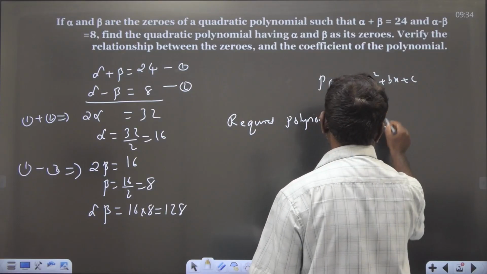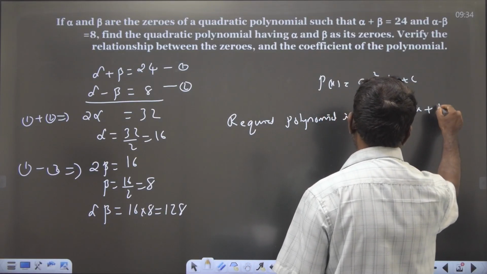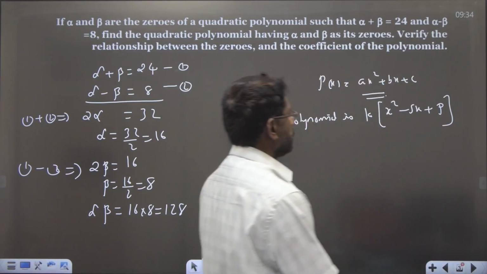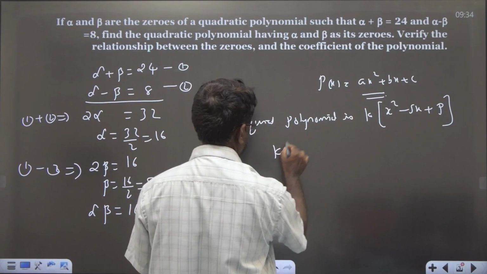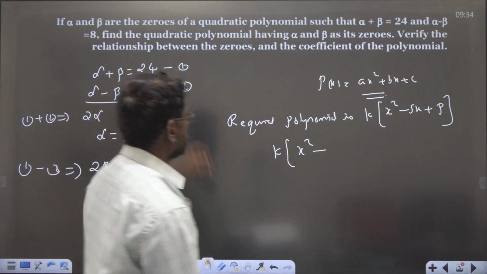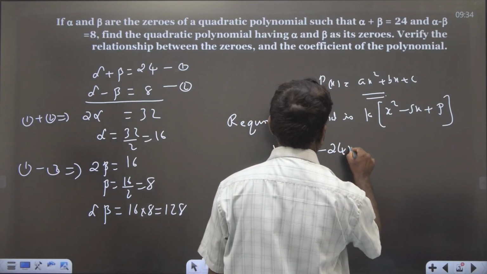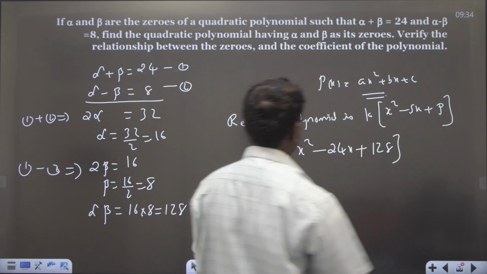k into x square minus sx plus p. S stands for sum, p stands for product. That is k into x square minus, sum is 24, 24x plus product is 128.